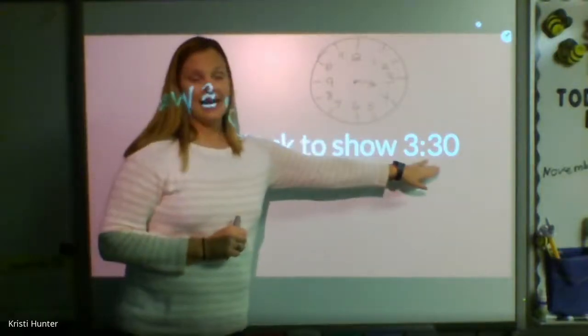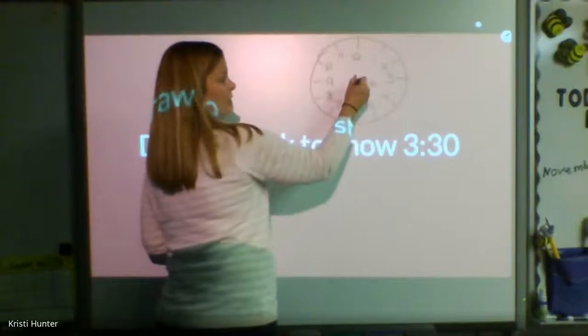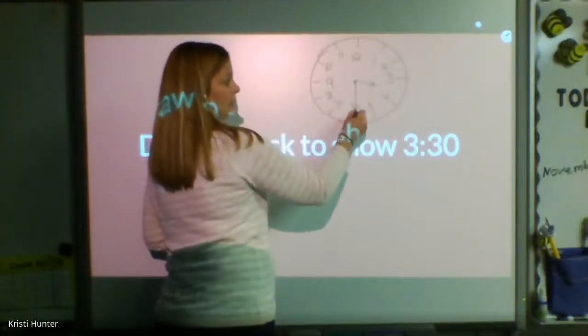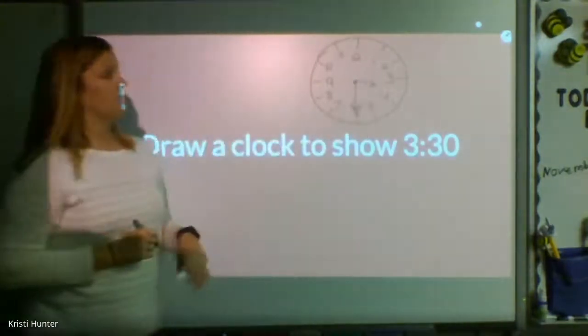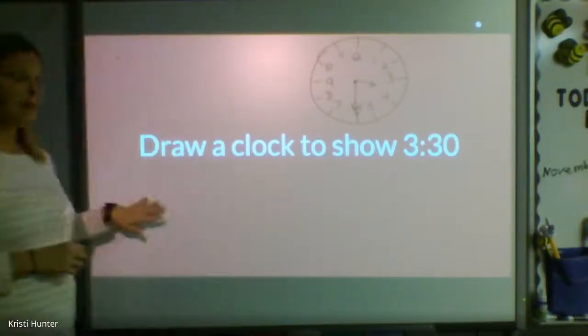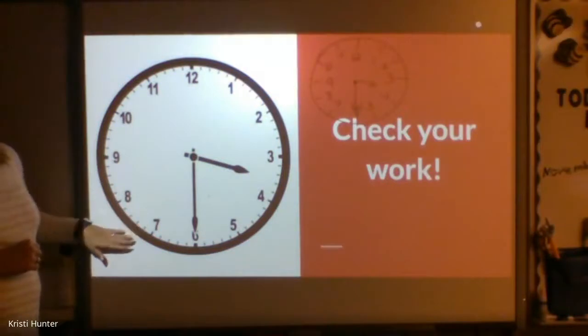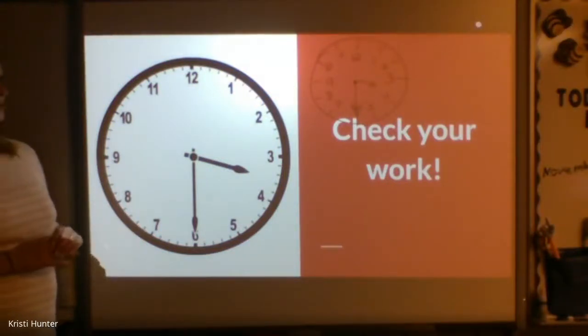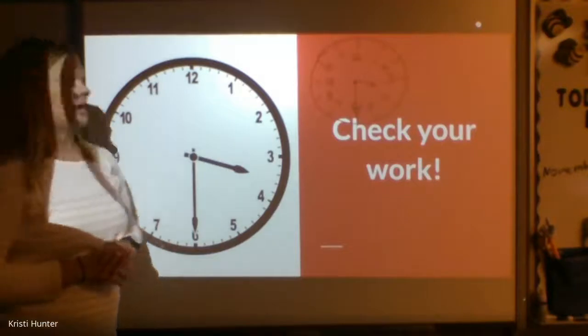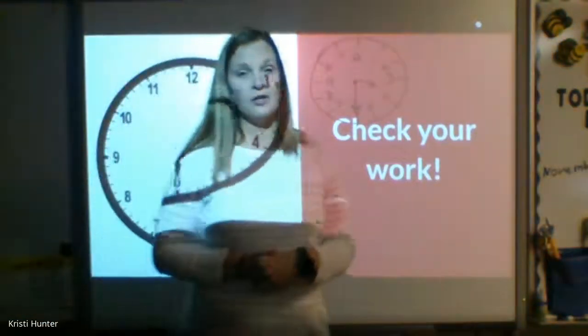My minute hand says 30. So that means I'm going to take this long hand down and touch the 6 for 3:30. Let's see if your clock and my clock matches. 3:30. Very good.